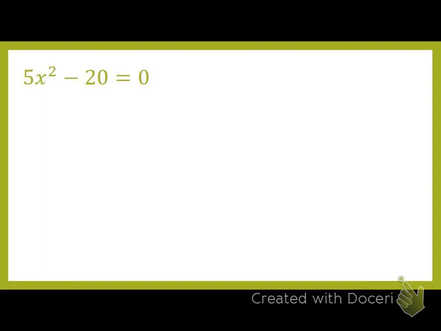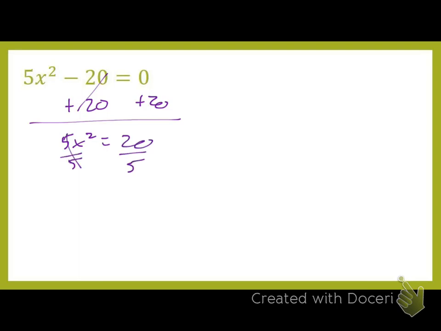Well, hopefully you remember from algebra class that all you got to do is add the 20 and then divide by 5, with the whole purpose of getting x squared by itself, at which point we can square root both sides to get x. And the square root of 4 is 2, but don't forget that when you square root in an equation, you have to include a plus or minus. Because obviously positive 2 times positive 2 is 4, but so is negative 2 times negative 2.